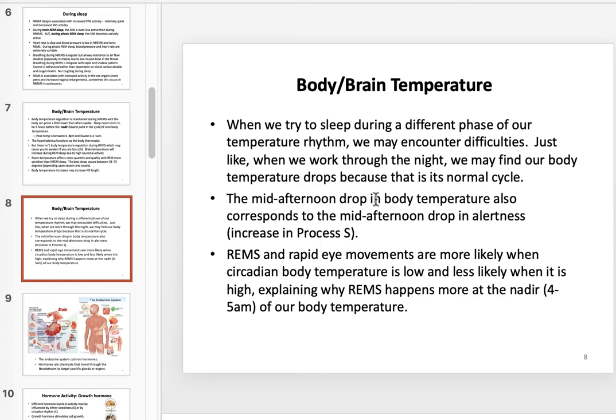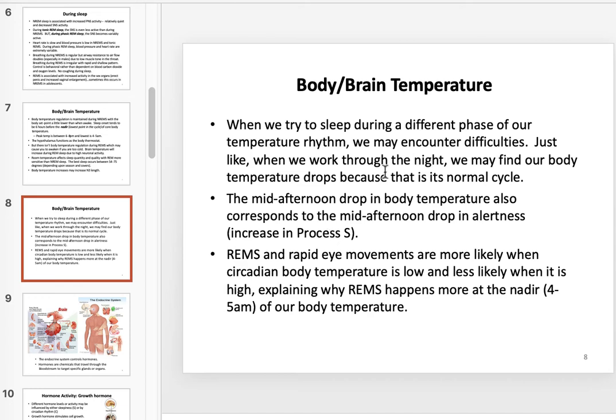So one of our challenges with the sinking of body temperature is that if we don't match our body temperature to our sleeping time, or more appropriately, our sleeping time to our body temperature, we may have difficulties. So for example, when we try to nap earlier in the day, when our body temperature is still warm, we may have difficulty falling asleep, except during that mid-afternoon drop in body temperature when we actually do get sleepy.